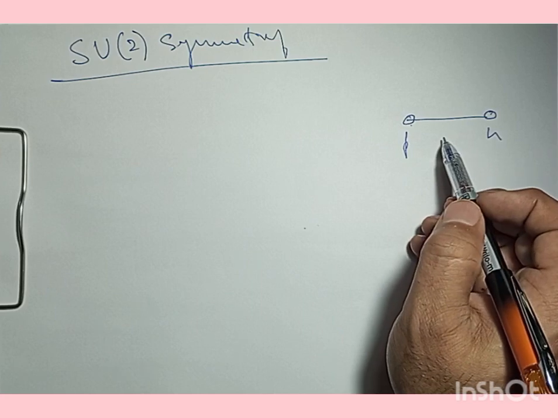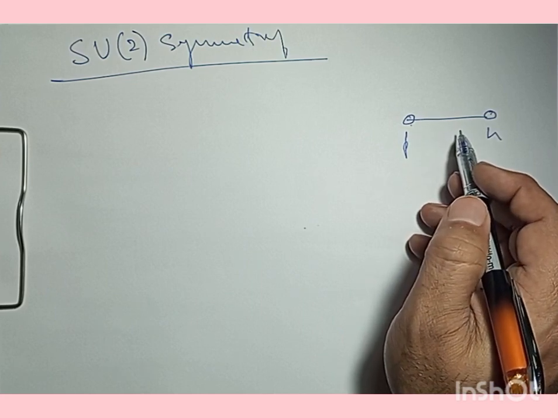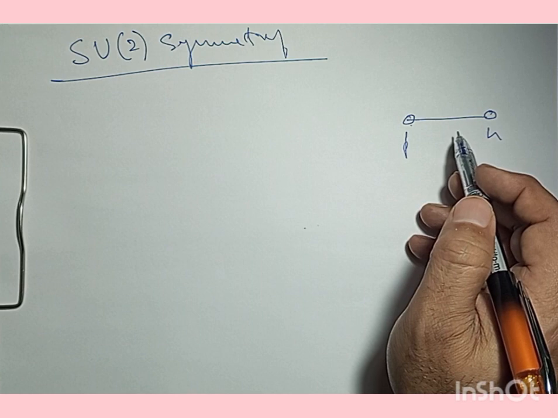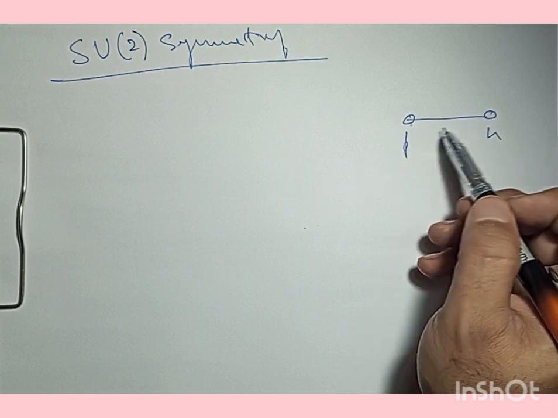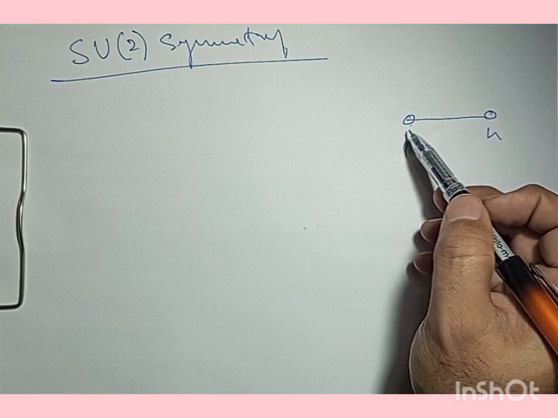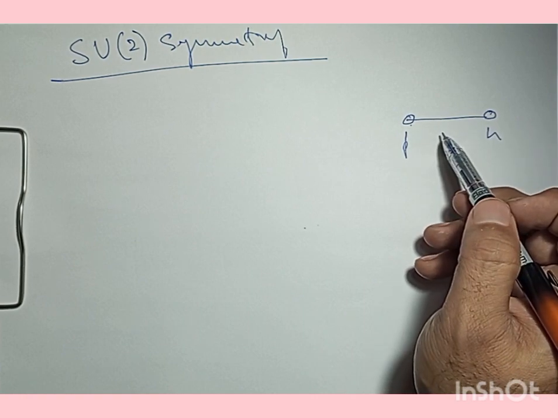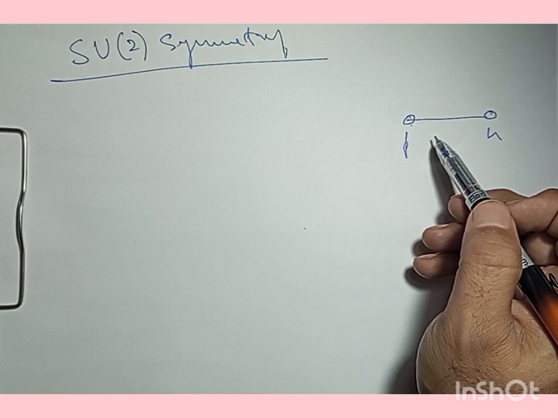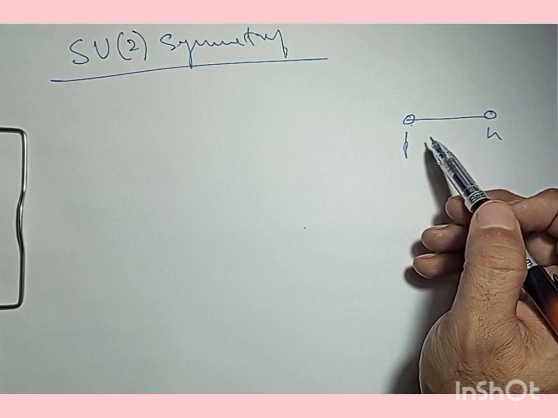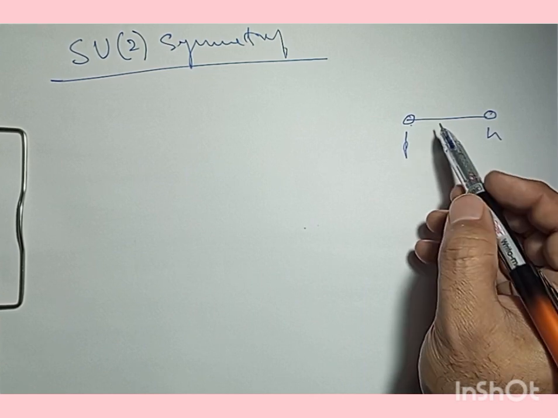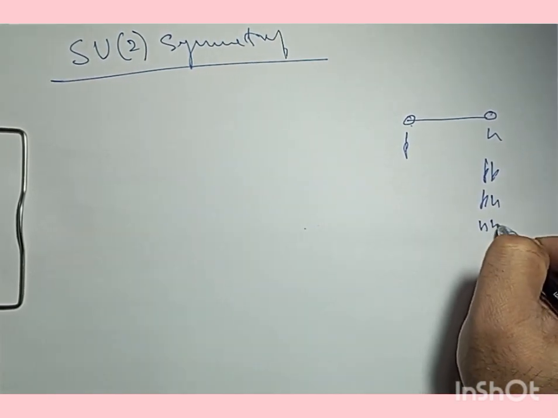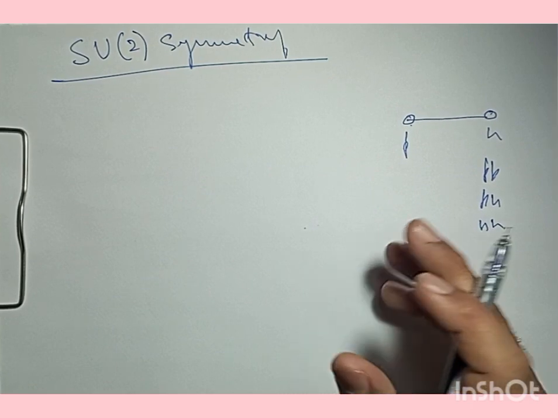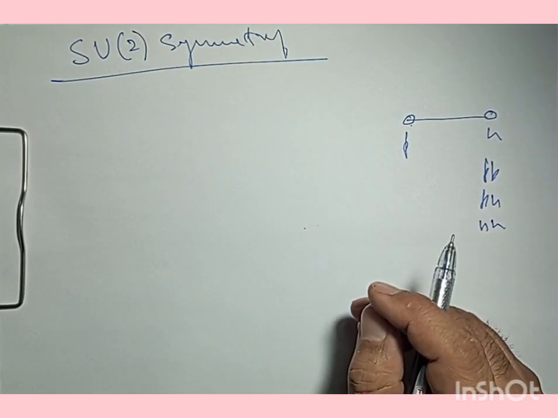In a nucleus we have charge independence between these two particles. The nuclear force does not depend on charge, so the nuclear force between proton-proton, proton-neutron, and neutron-neutron pairs has the same magnitude for all three combinations.